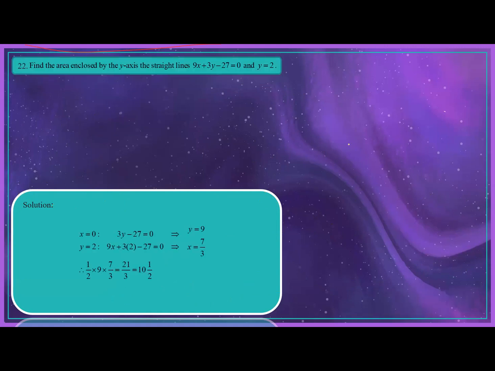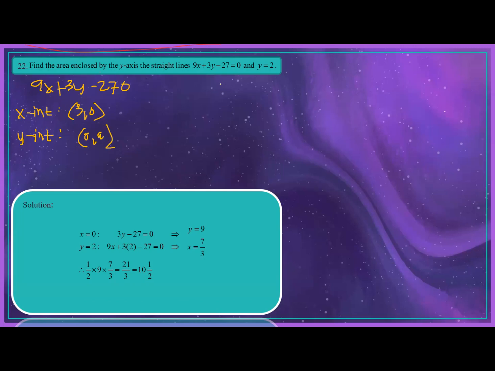Find the area enclosed by the y-axis, the straight line 9x plus 3y minus 7, and y equals 2. Basically, we need to find the intercepts of this line. The x-intercept is (3, 0), and the y-intercept is (0, 9).